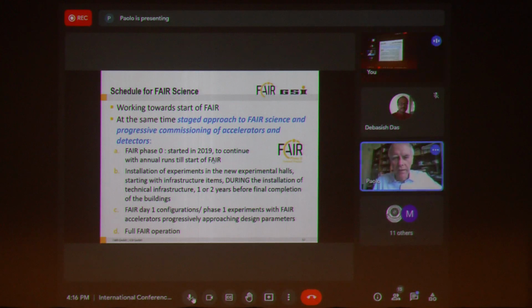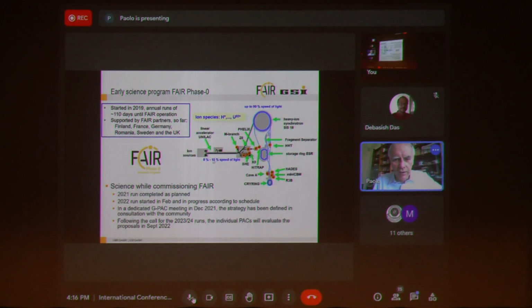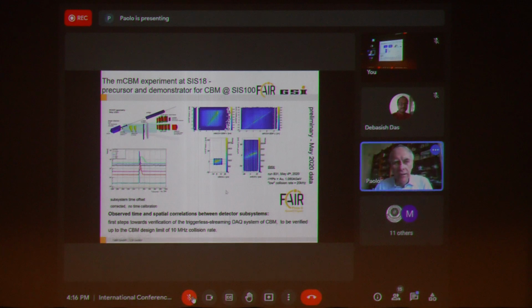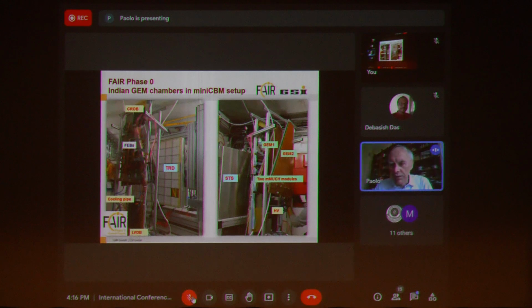Yeah, I wrap it up, and I show you that CBM is becoming a reality, with detectors being built in India. There is also a slice of CBM, the so-called mini CBM, which is now taking data on the energy side, and which includes the jet detectors made in India.